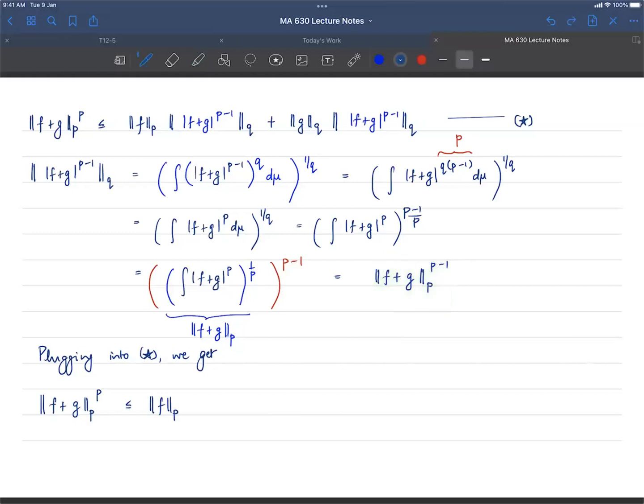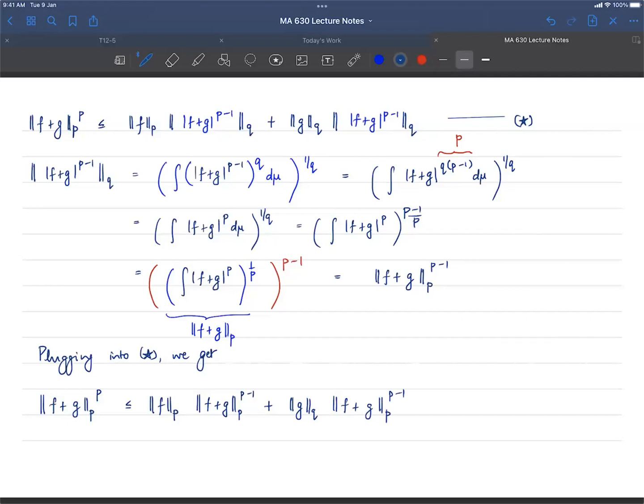So I'll get the LP norm of F plus G to the P minus first power. Plus, and again, here this is the LQ norm of G, so that's fine. And then this quantity, again, is this thing. So I'm going to get the norm of F plus G in LP to the P minus 1. And you can see where this is going, right?